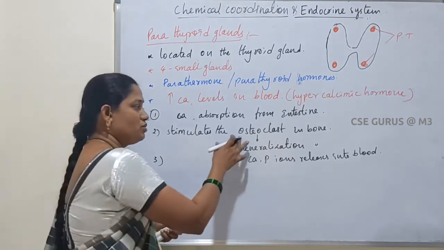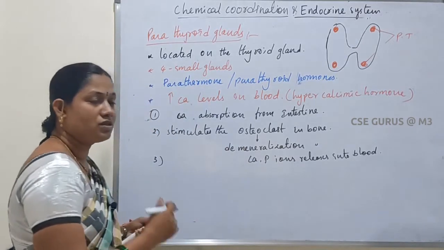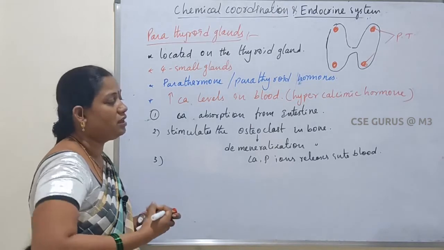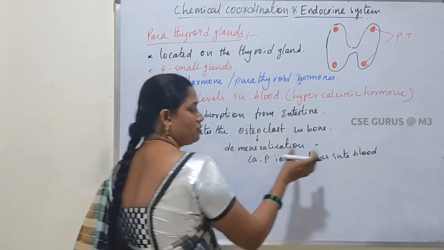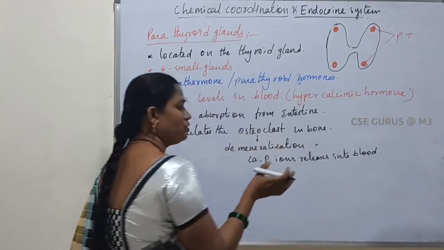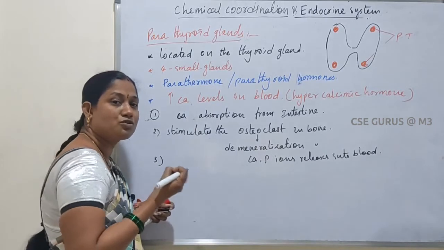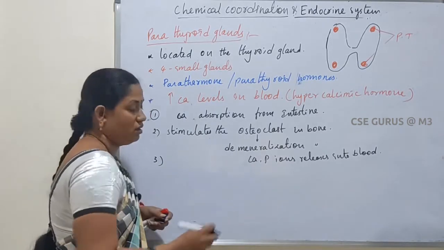These osteoclasts promote the demineralization process. In the demineralization process, the calcium and phosphorus ions are released into the blood from the bone. The calcium ions are stored in the bone, and that stored calcium is released into the blood.